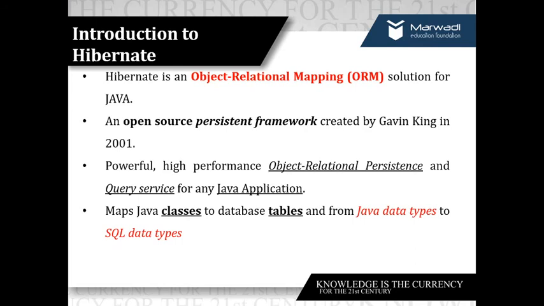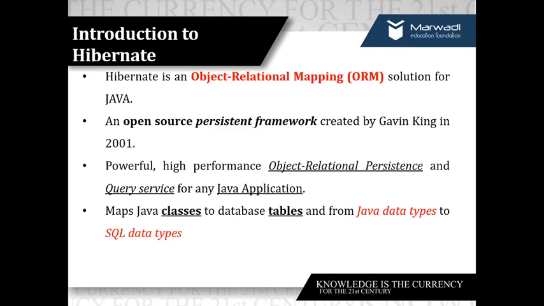What basically does it do? In simple layman terms, we can say it simply maps Java classes to database tables. So the idea is to store the objects, Java objects, directly into relational tables, and also take care of Java data types, converting them to SQL data types and vice versa.